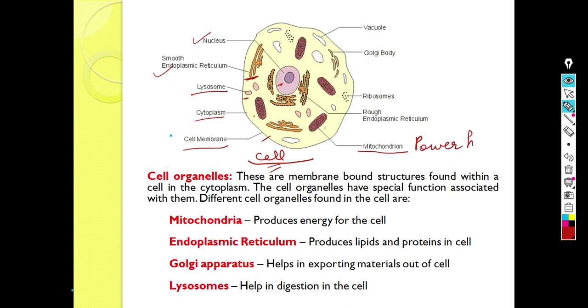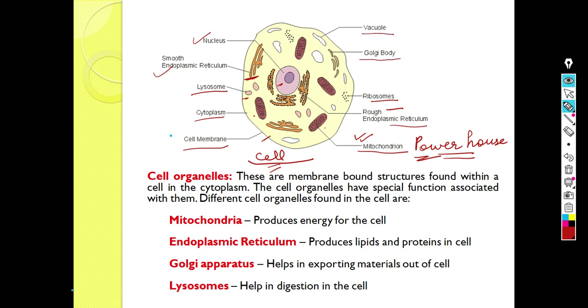Like you have a powerhouse in the city, from where you get all the electricity supply, in the same way mitochondria provides, not electricity, but power or energy to cells. So that is why we call them the powerhouse. Then rough endoplasmic reticulum, ribosomes, Golgi bodies, and vacuoles are there.